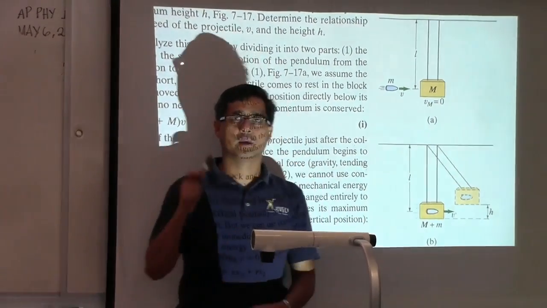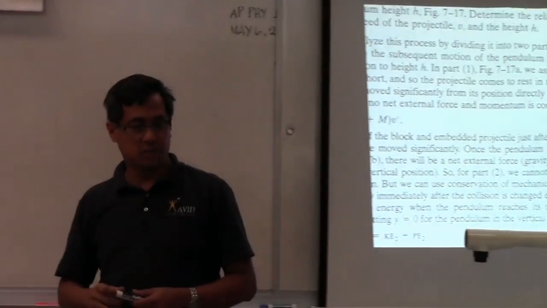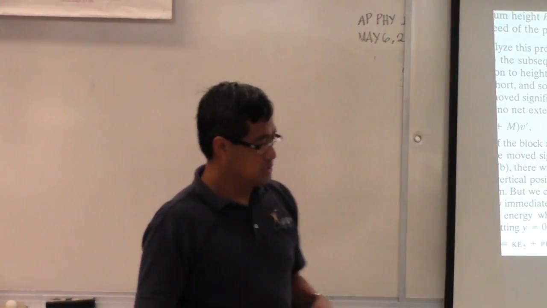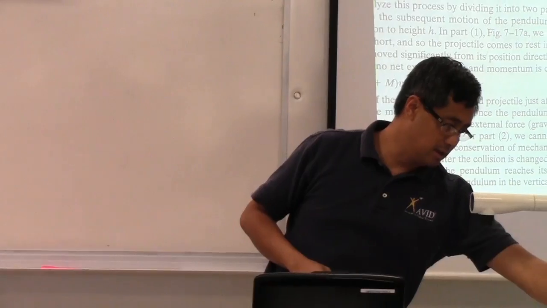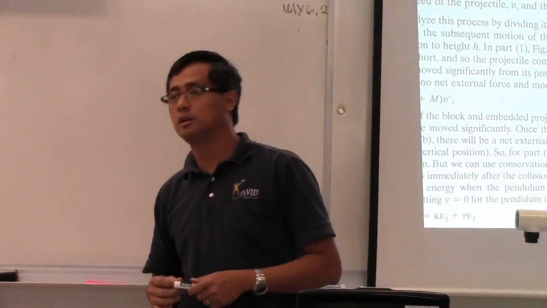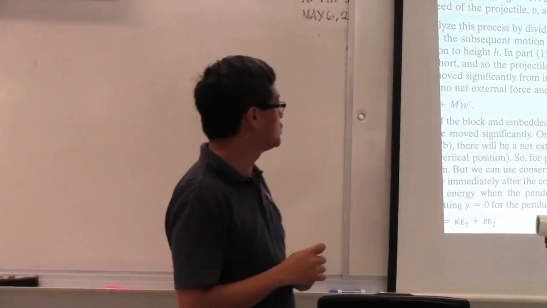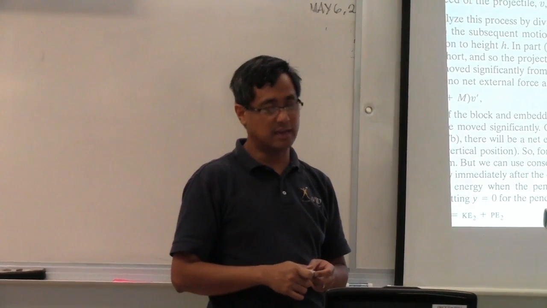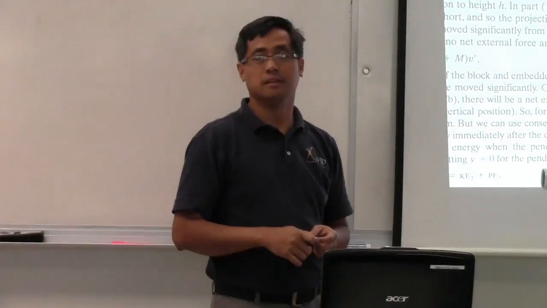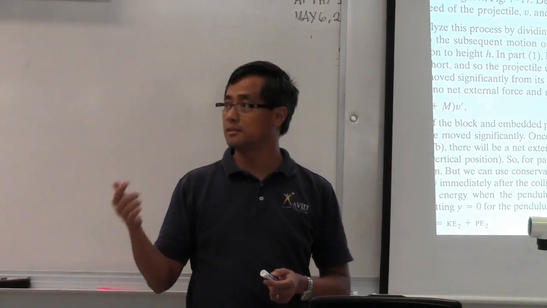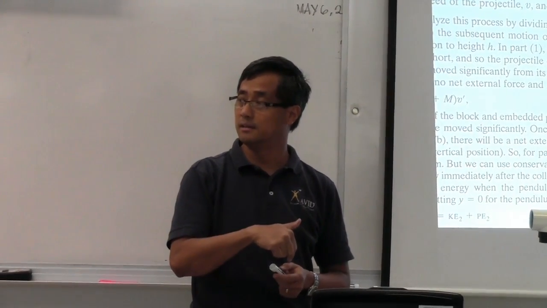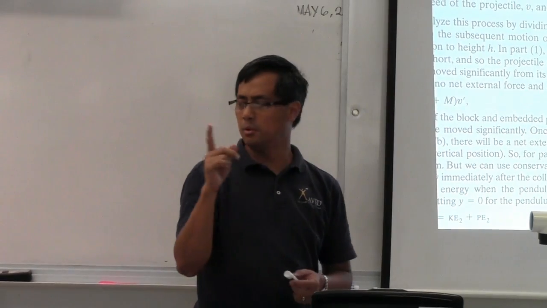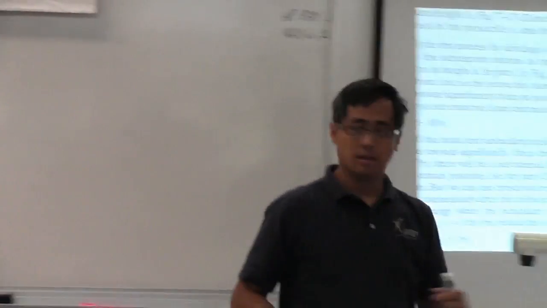I have a question though. Is this an elastic collision or an inelastic collision? Why inelastic? Does it say it's inelastic? They got stuck together, right? The bullet gets stuck in the wood. Remember what I told you yesterday?